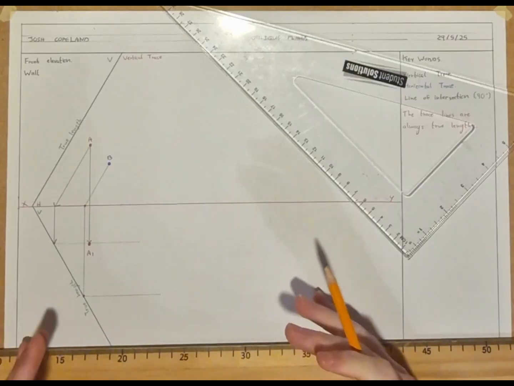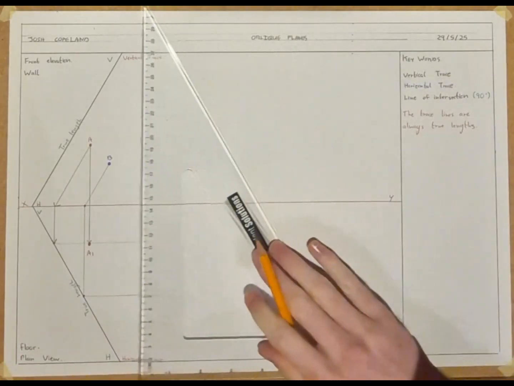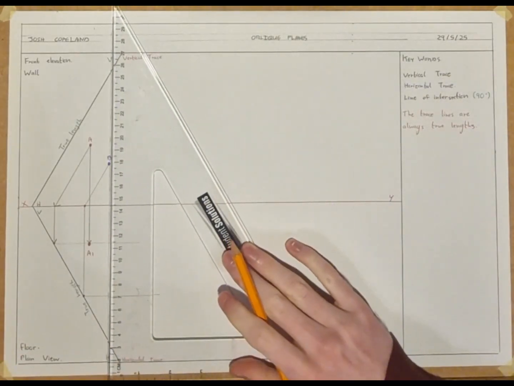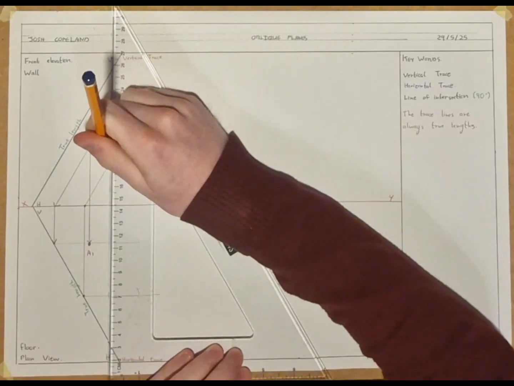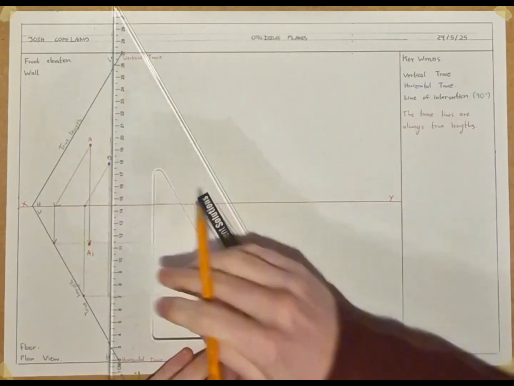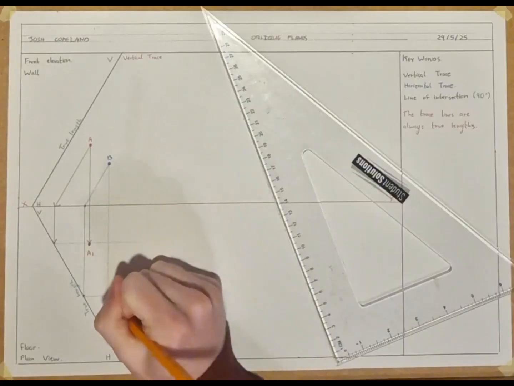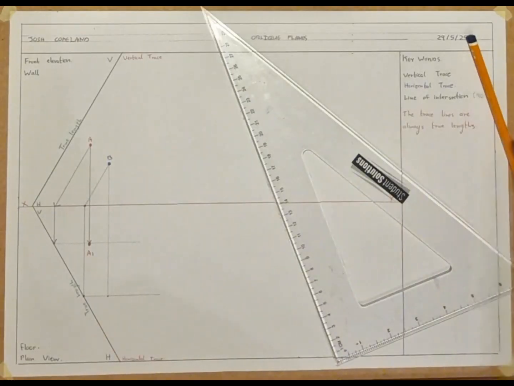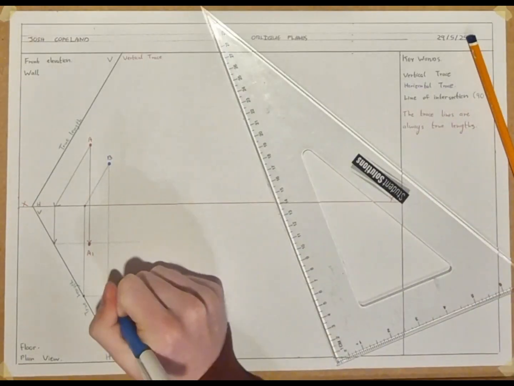We don't know where it stops. How we know is bring your set square straight up to point B, then bring it straight down, and we know that this is going to be point B.